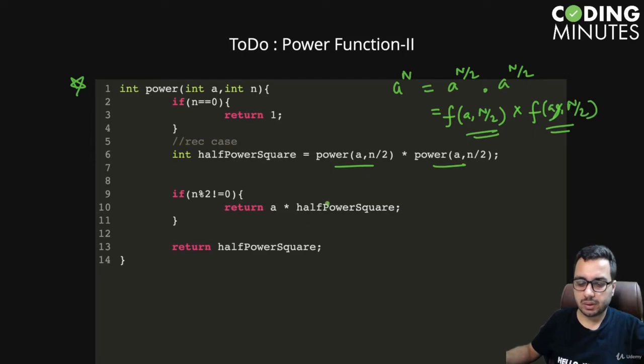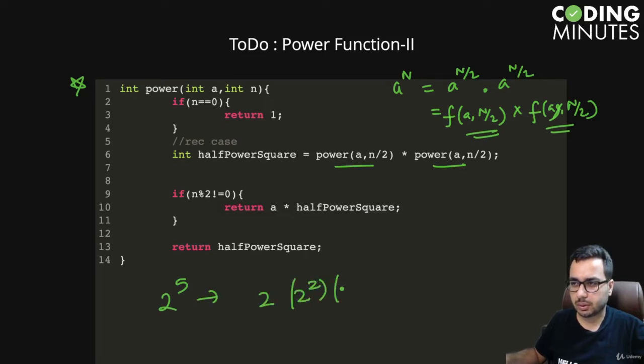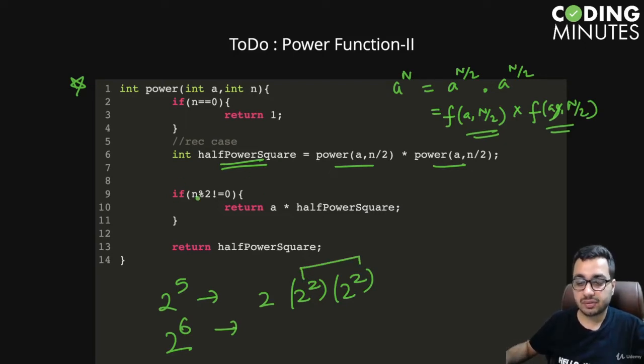If n is odd, for example when we are computing 2 raised to the power 5, it is written as 2 multiplied by 2 square into 2 square. For even numbers, for example 2 raised to the power 6, we compute half power square: 2 raised to the power 3 into 2 raised to the power 3.